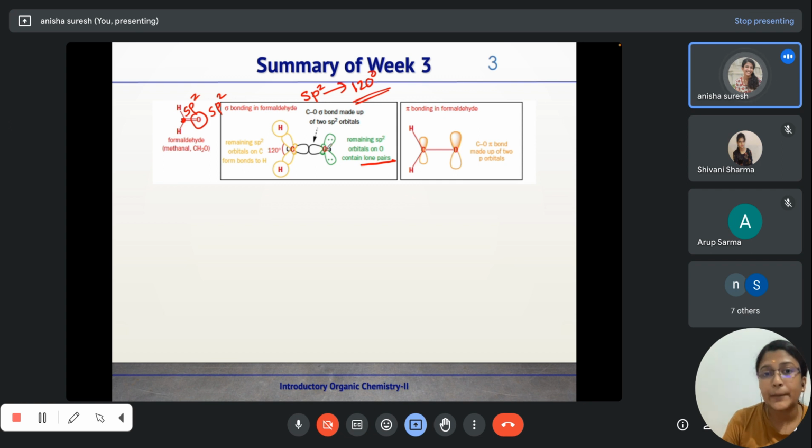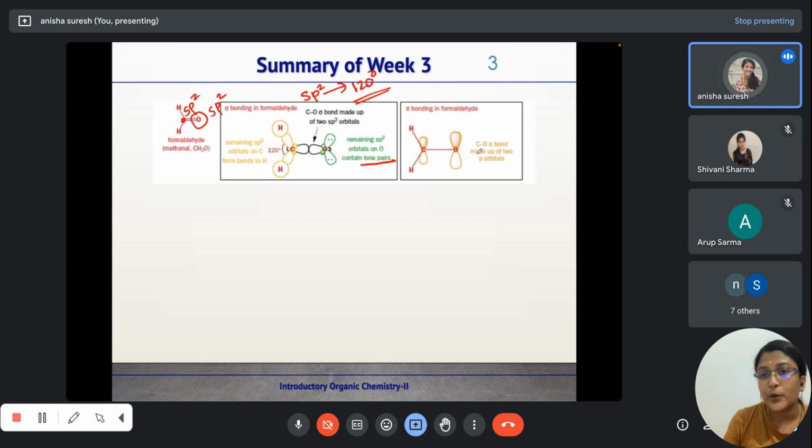So now there will be p orbitals remaining in carbon and oxygen. So the pi bonding will be resulting from the remaining p orbitals. So the major contribution for pi bonding will be from the oxygen and minor contribution will be from carbon.